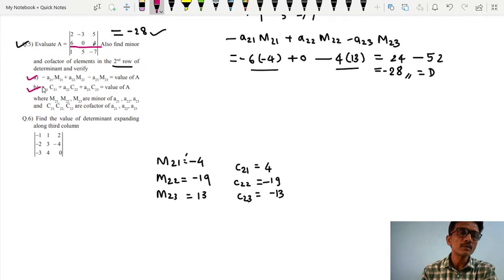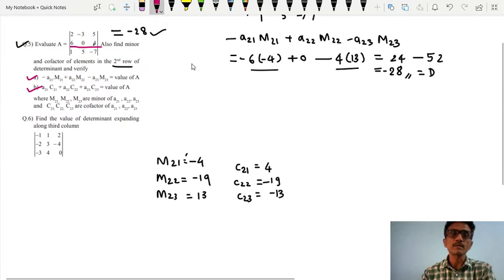Next, we have to verify that a21 C21, a22 C22, a23 C23 is the value of the determinant. So let us check.